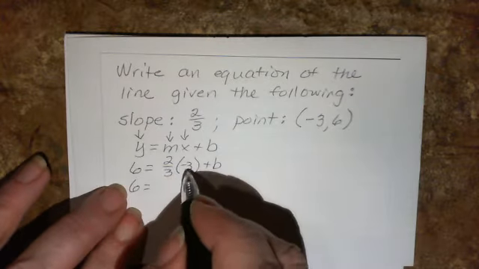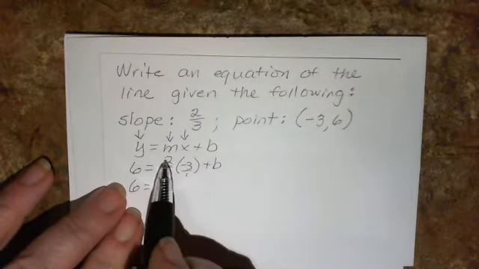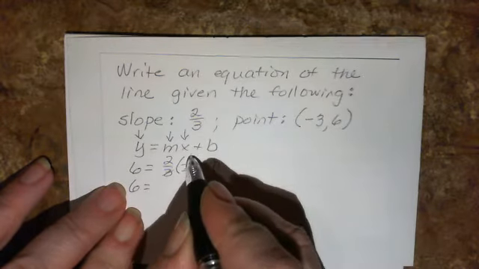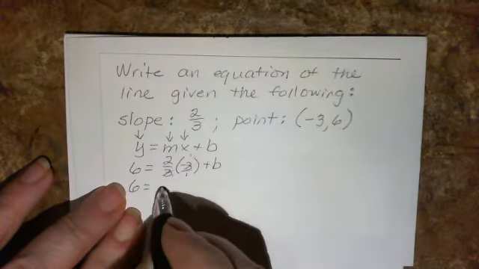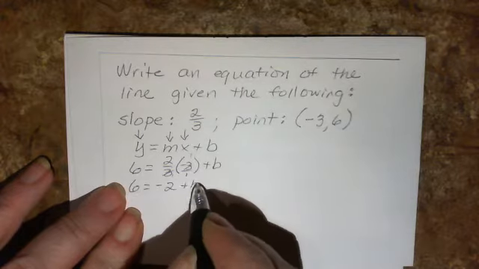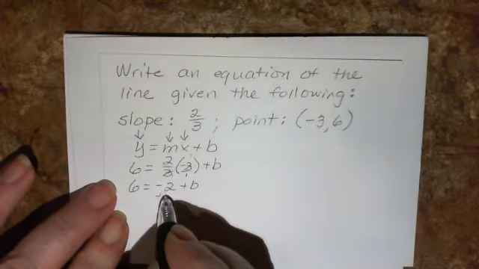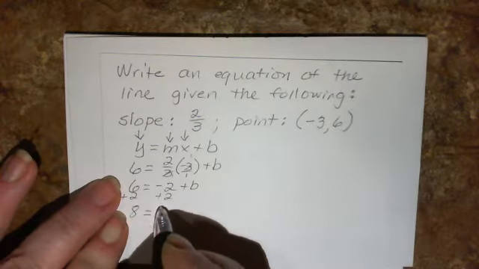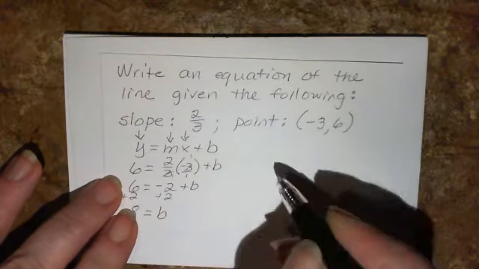So now we have 6 is equal to 2/3 times negative 3/1. Our 3's cancel, and that leaves us with negative 2 plus b. Now we need to add 2 to both sides, giving us 8 is equal to b.